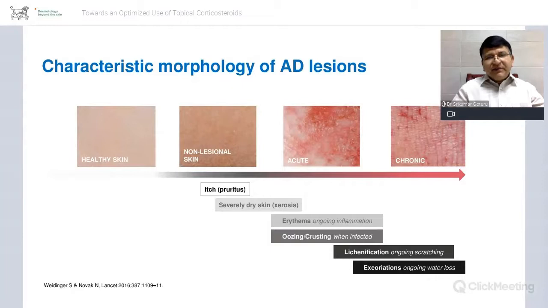The characteristic morphology of atopic dermatitis, like I said, is wet and dry. So the healthy skin, the non-lesional skin, the lesional skin, and the chronic skin.